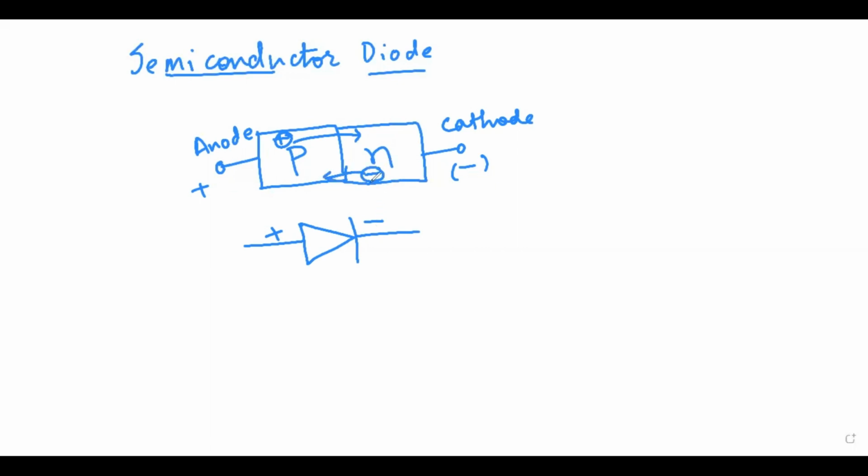This process is called diffusion. And after some time, a junction is formed here with the free electrons residing at this junction and the free holes residing at this junction. So this junction is called the depletion region.